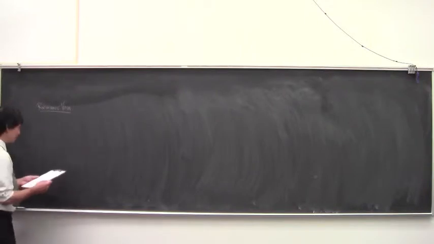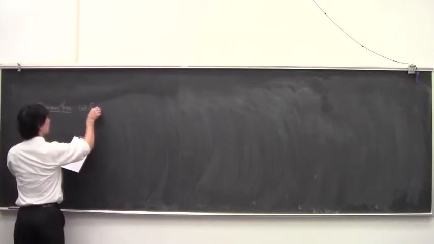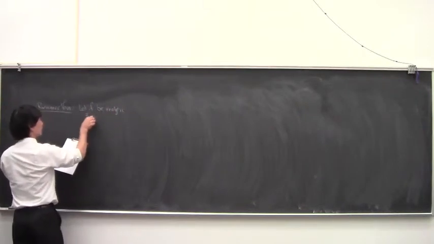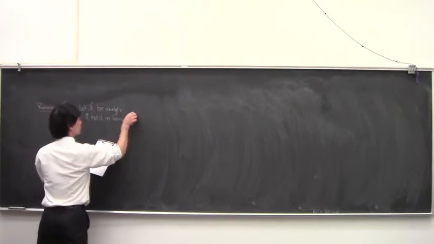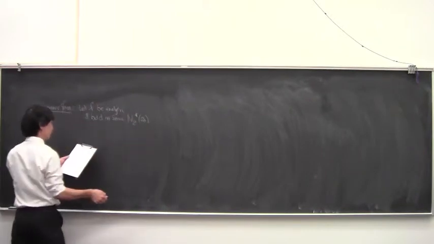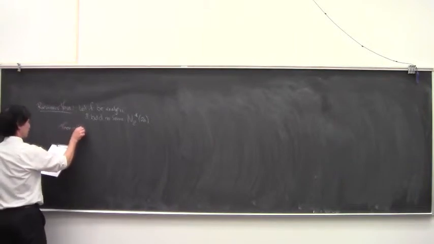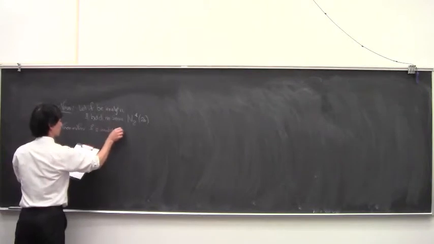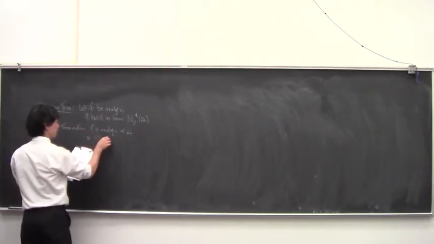Okay. So Riemann's theorem. Let f be analytic and bounded in some punctured neighborhood of z0, then either f is analytic at z0 or it has a removable singularity there.